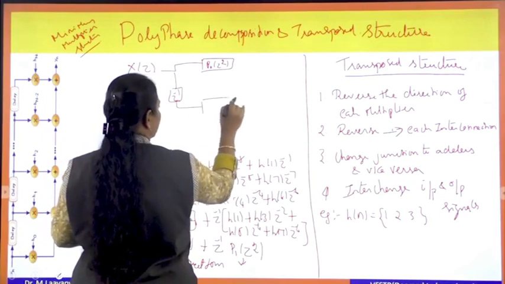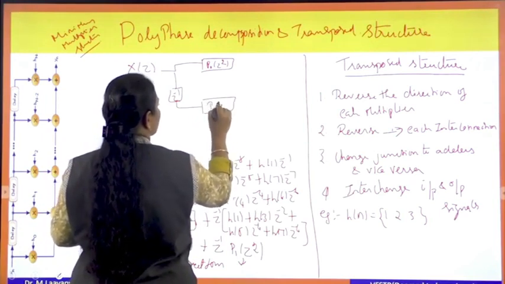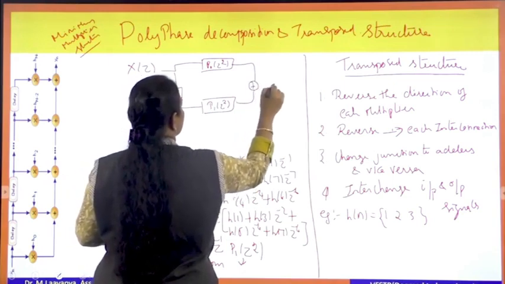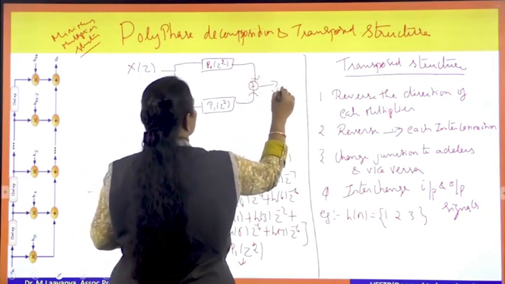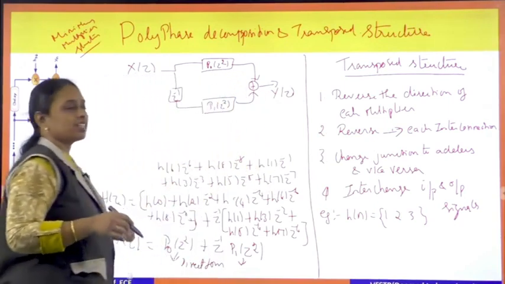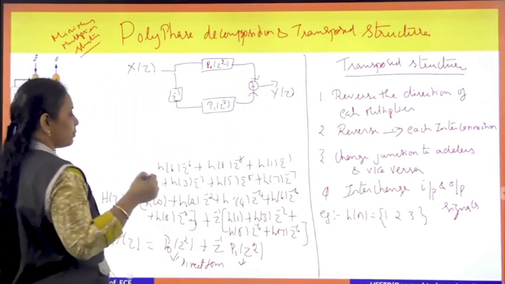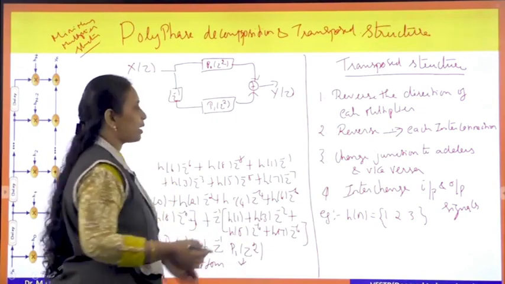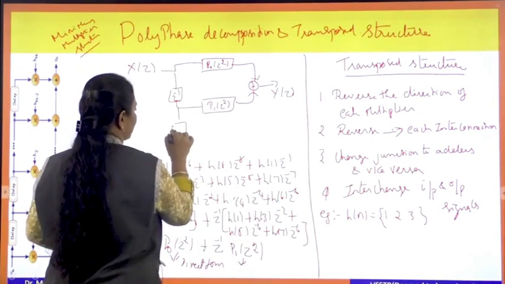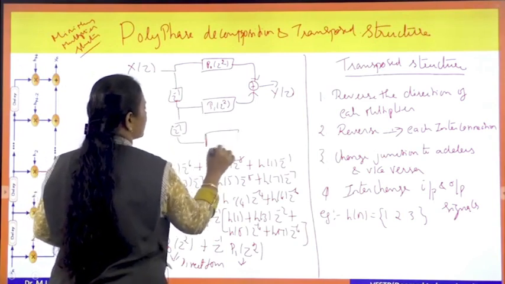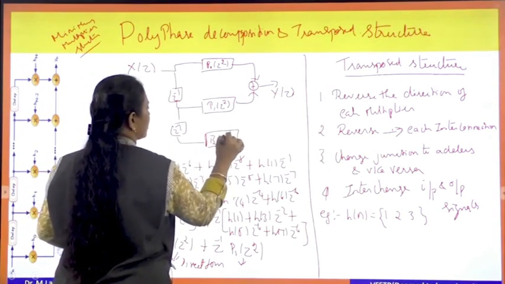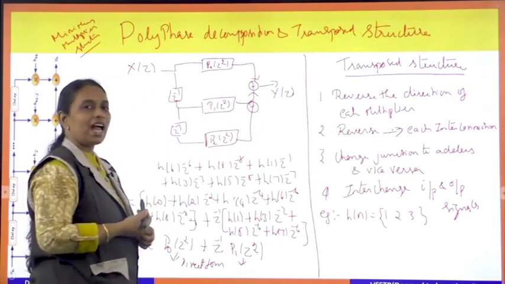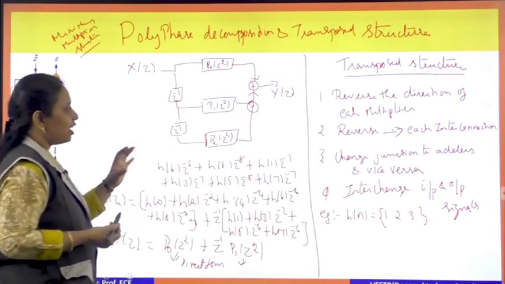Then I will draw my p1 of z squared. Then I will add them to produce my output y of z. So the connection, if you see, is parallel. If I have another term p2, that is, z cube, then again I will have another z inverse, put here p2 of z squared, and this will also be added. So instead of that, in between I will have the adder for this. This is the way you have to join.